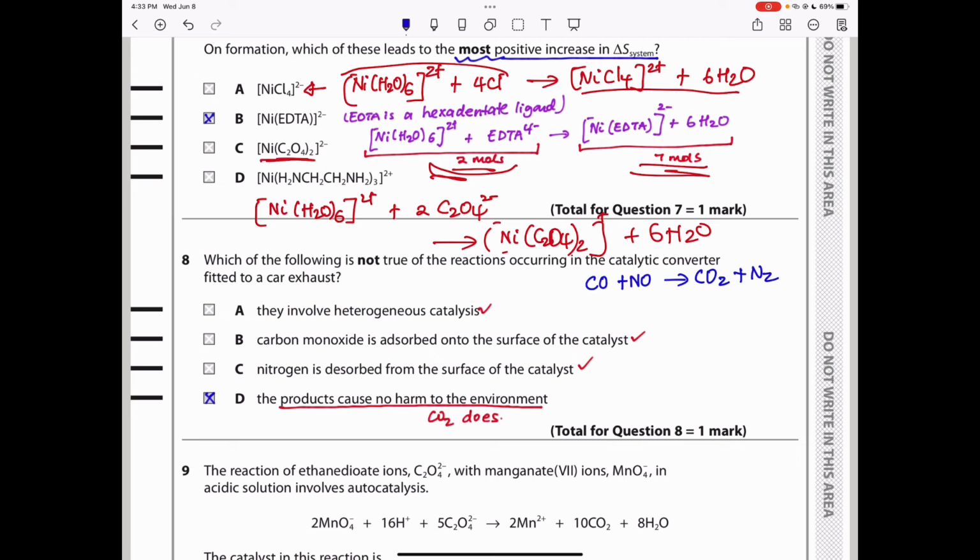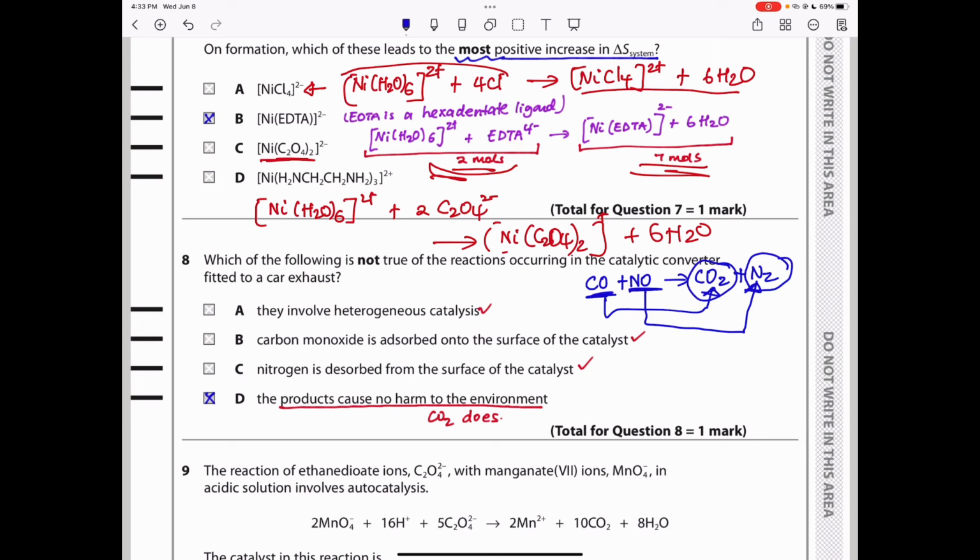Again, this equation is not balanced, but at least instead of releasing carbon monoxide, you end up releasing carbon dioxide, and instead of releasing the oxides of nitrogen, you end up releasing just pure nitrogen. So in a catalytic converter, nitrogen is produced and carbon dioxide is produced. These are safer for the environment than carbon monoxide, which can poison people, or oxides of nitrogen, which can be toxic as well as leading to acid rain.